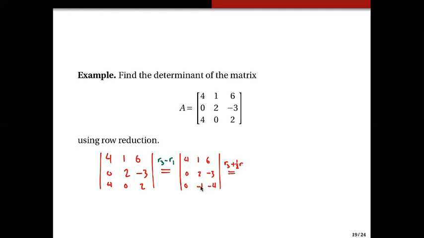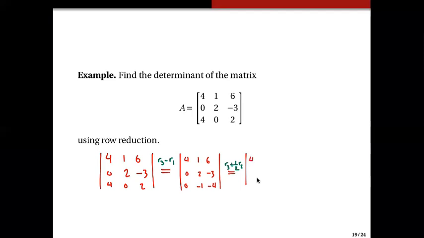Okay? Let me use green ink there. So row 3 plus 1 half row 2. And again, this is the third row operation, so the determinant remains the same.